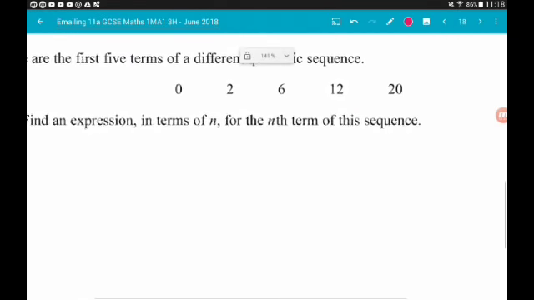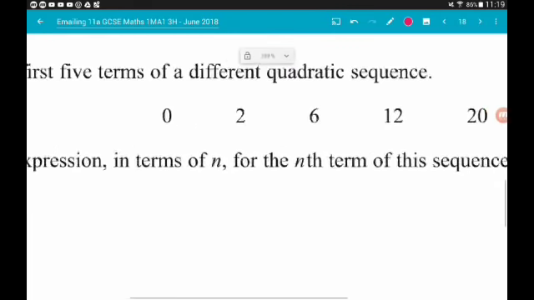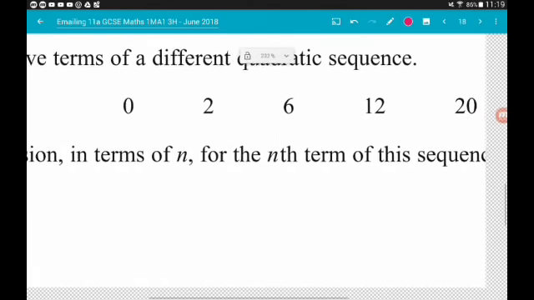Then for part B, we got the first 5 terms of a different quadratic sequence. We want to find an expression in terms of n for the nth term of the sequence. So, first step, find the differences.